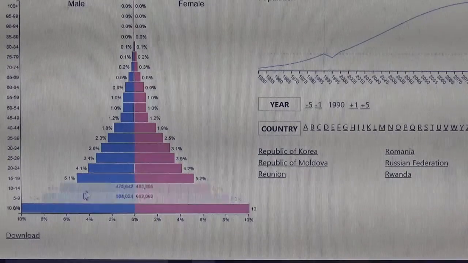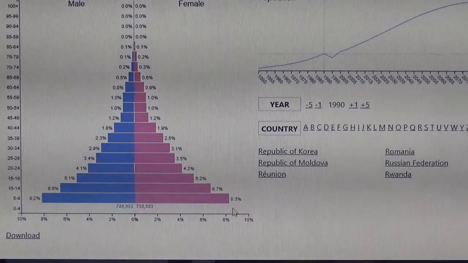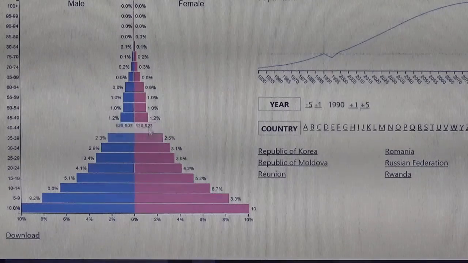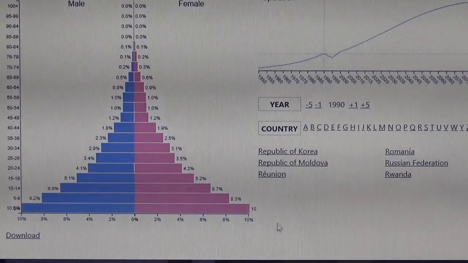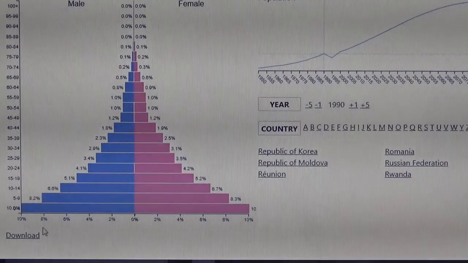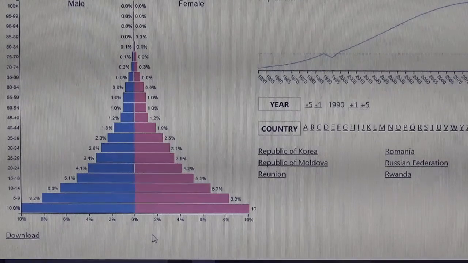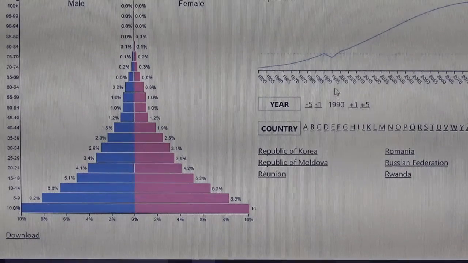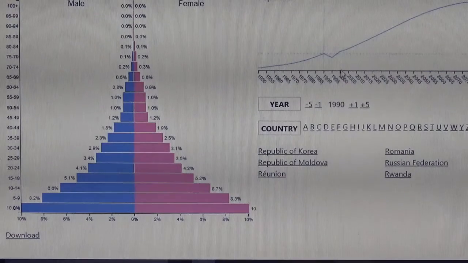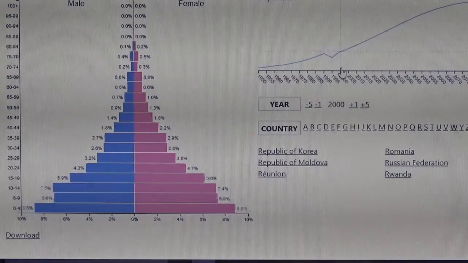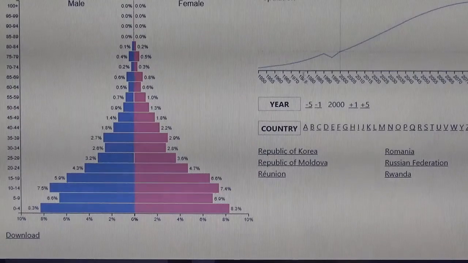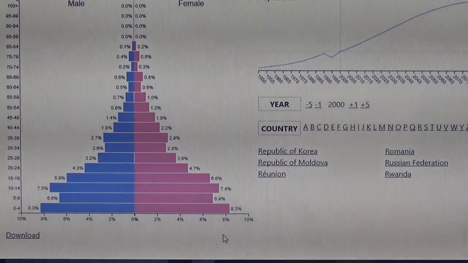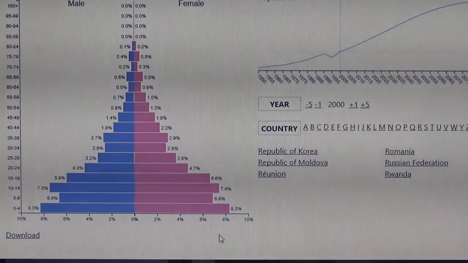And we can see each age group is perfectly uniform. The population is growing nicely and steadily, and there are no disruptions, no uneven population bars to denote any kind of upheaval. But if we go 10 years further to the year 2000, in other words 6 years after the genocide, we can see how the population pyramid of Rwanda has changed.